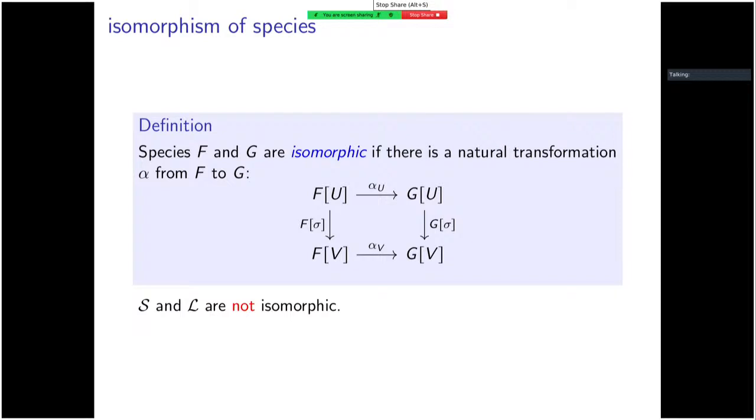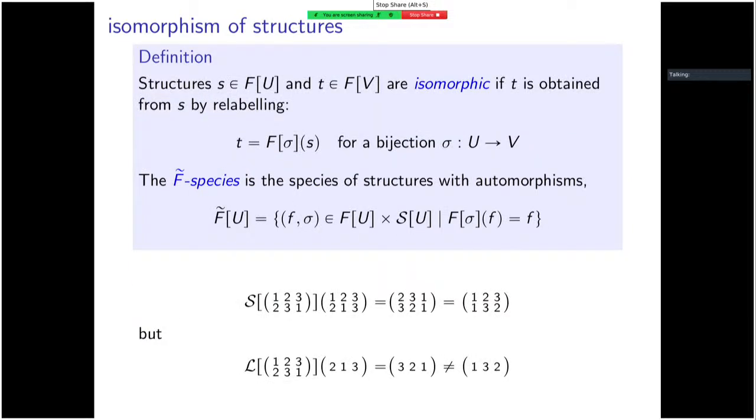Just a quick question to see if I'm understanding what you're saying. If you take F to be the species of permutations, then perm tilde would consist of a permutation and another permutation that commutes with it. Possibly. Permutations tilde, yeah.